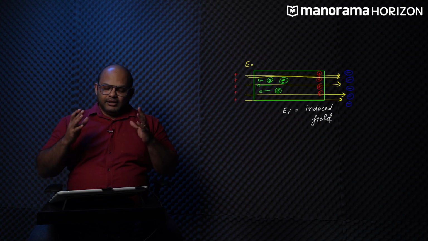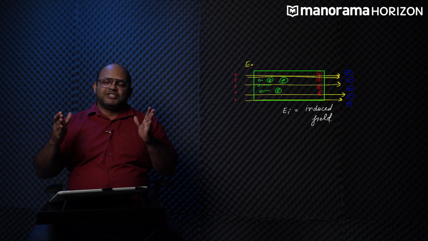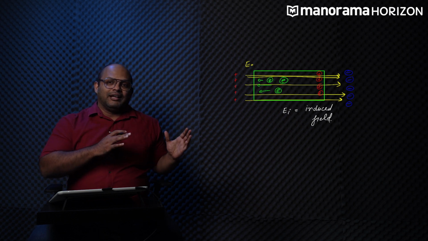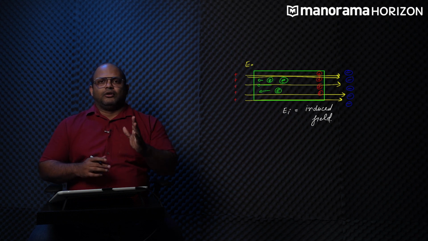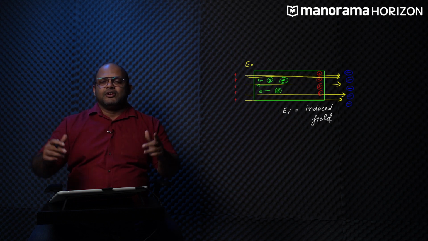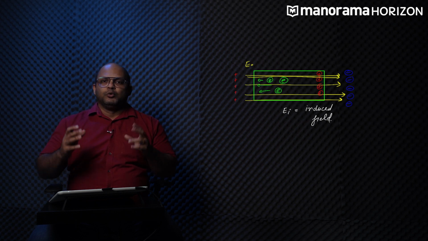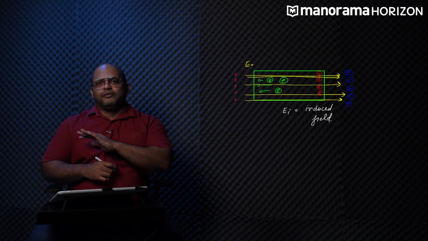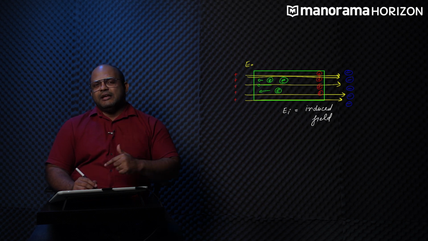Now in metals, this drift of electrons and positive charges to opposite sides will keep on happening until enough charge has accumulated to create an electrical field which can perfectly cancel out the external field. Thus, EI will keep on increasing.